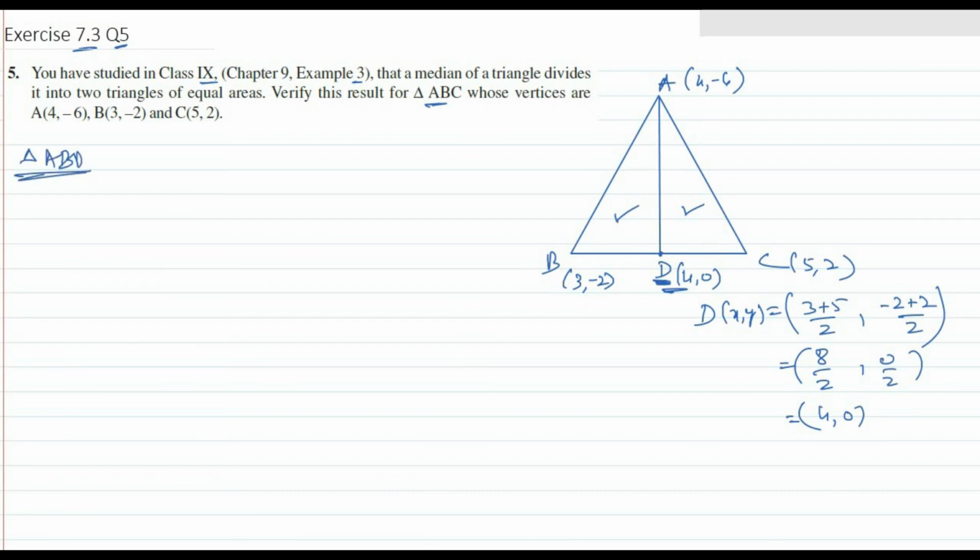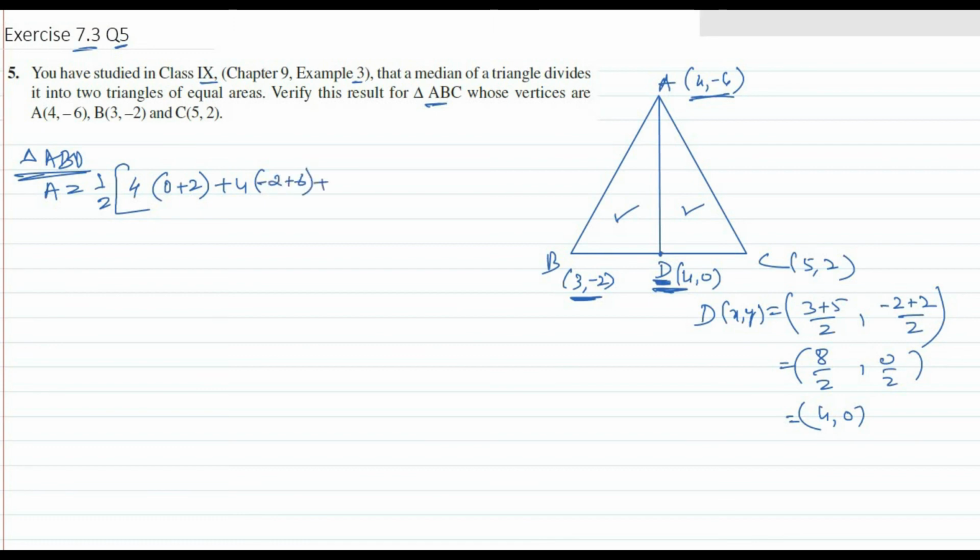So now we will calculate the area of triangle ABD. Consider triangle ABD. The area is equal to half of, with x1 y1, x2 y2 and x3 y3: x1 that is 4 into y2 minus y3, that is 0 minus 2 plus 2, 0 minus of minus 2. Plus x2, that is 4, into y3 minus y1, that is minus 2 minus of minus 6, that is minus 2 plus 6.